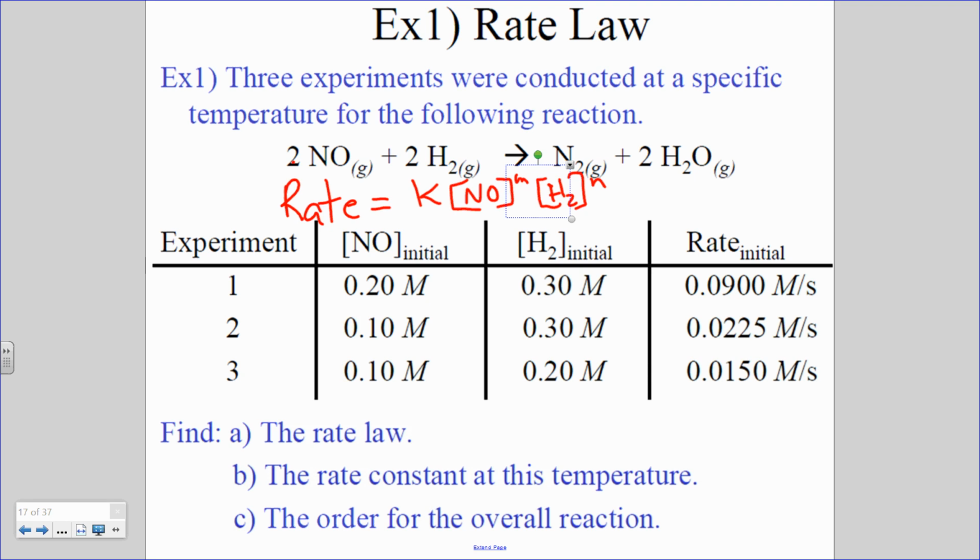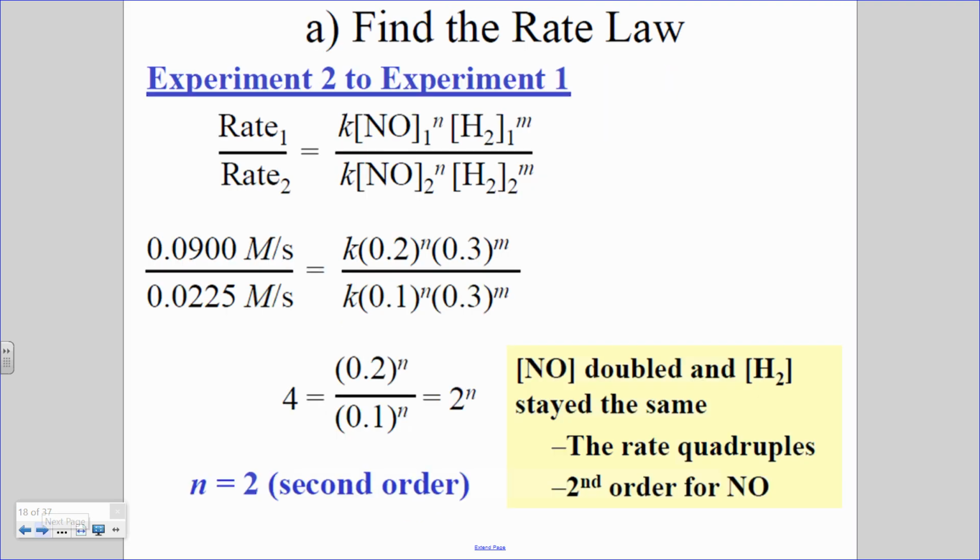So if we want to customize it for each experiment, we're going to set it up and look for the first experiment. This is the rate law for that first experiment where you have the rate equals K times the first reactant to the N, the second reactant to the M. Then you have the rate of the second reaction.